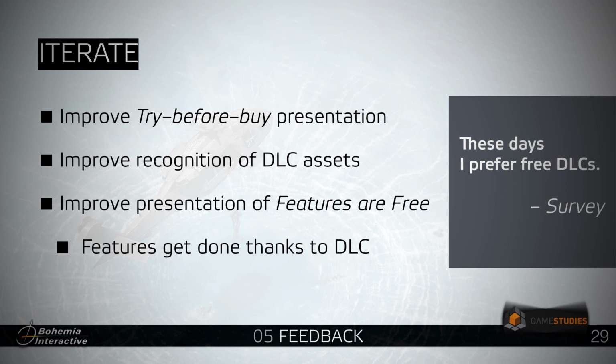So we are looking into how to improve this. Mostly in the editor, players are now unaware of which asset belongs to which DLC. So hopefully I will look into implementing that into the game, so they know and can make a conscious decision to use or not to use the asset if they are developing a mission.